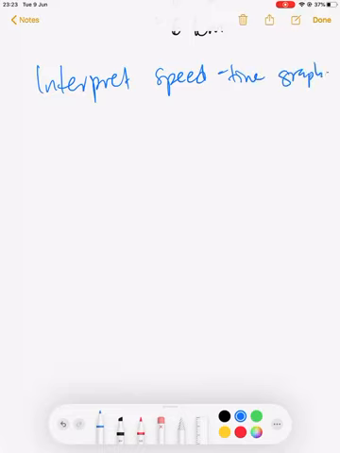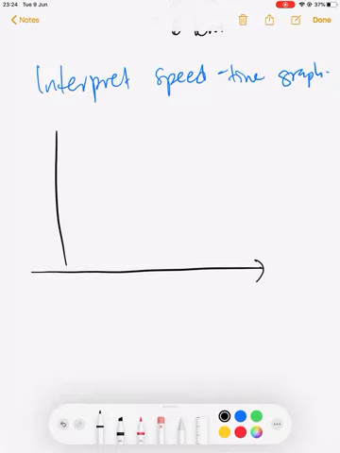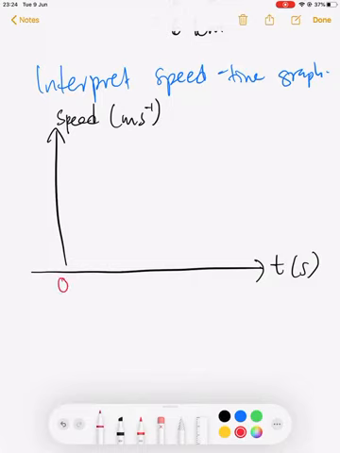Okay, let me sketch a simple graph. So here we have the time in seconds and the speed in meters per second. 0 here.